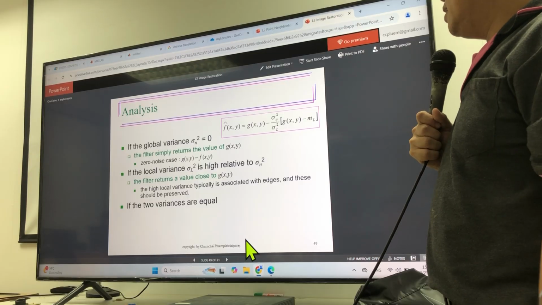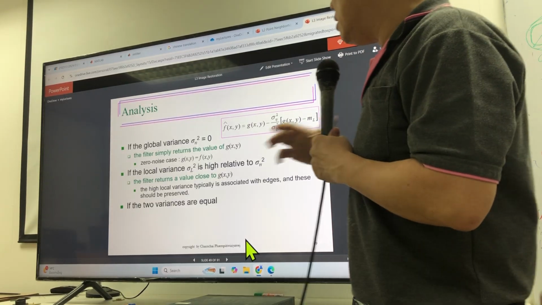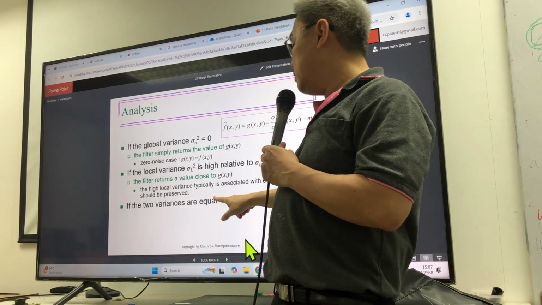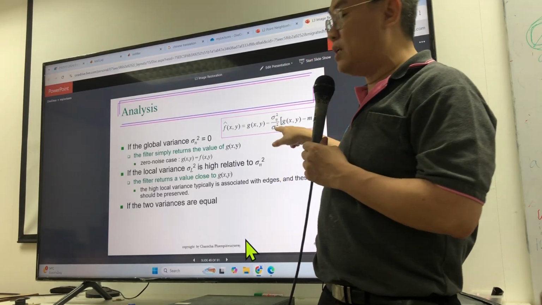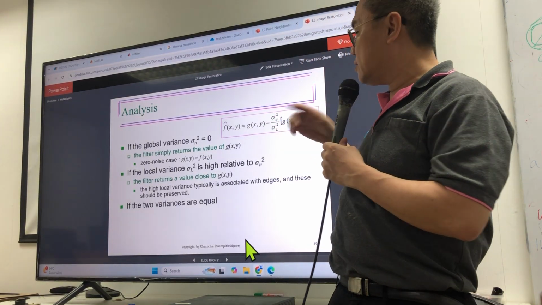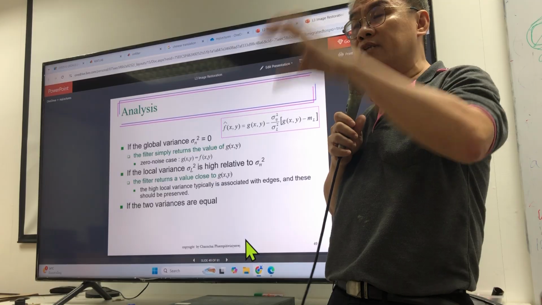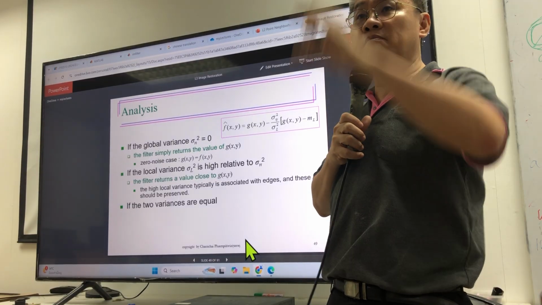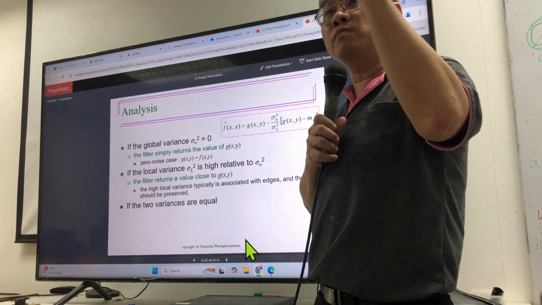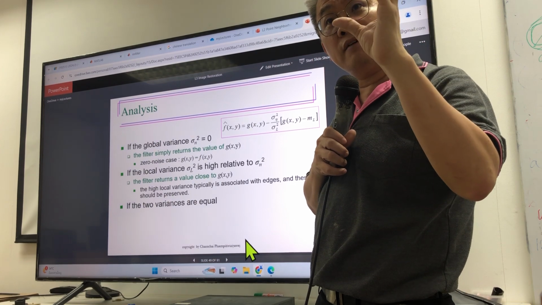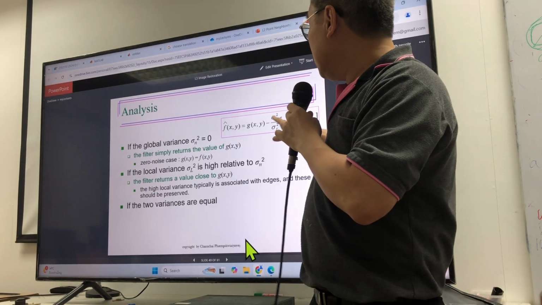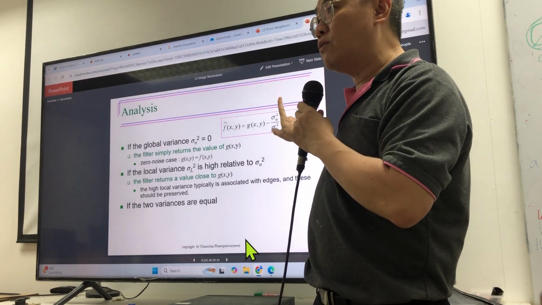So the high local variance represents the edge of the object and it is preserved. If the two variances are equal, in theoretical values, the two variances can be equal. That means the local variance, the variance within the window, is the same as the variance of the whole image. That means within that window is mostly noise. If it's mostly noise, dividing the two, you get 1.